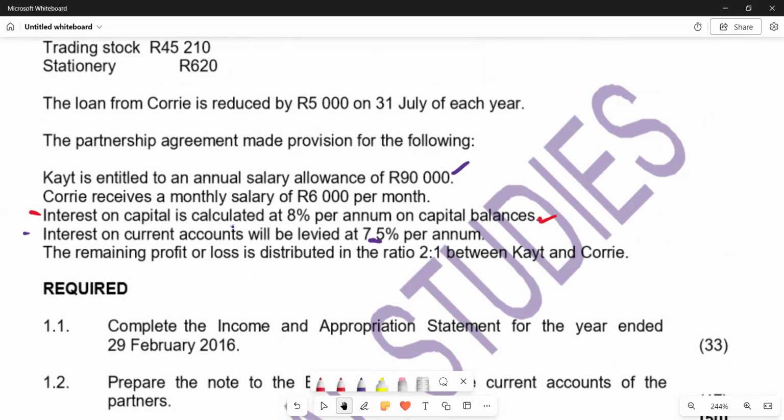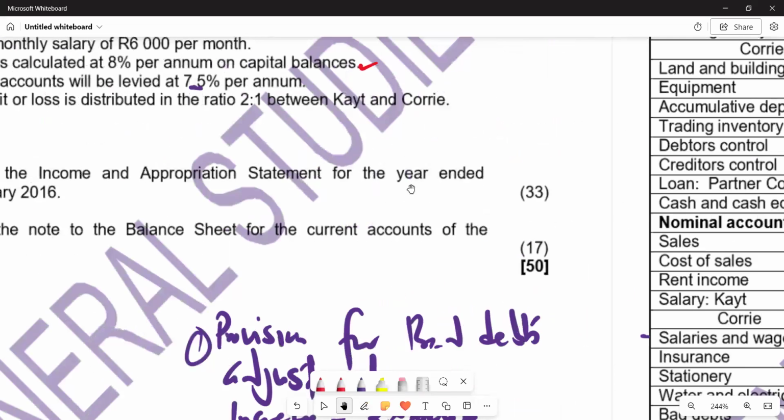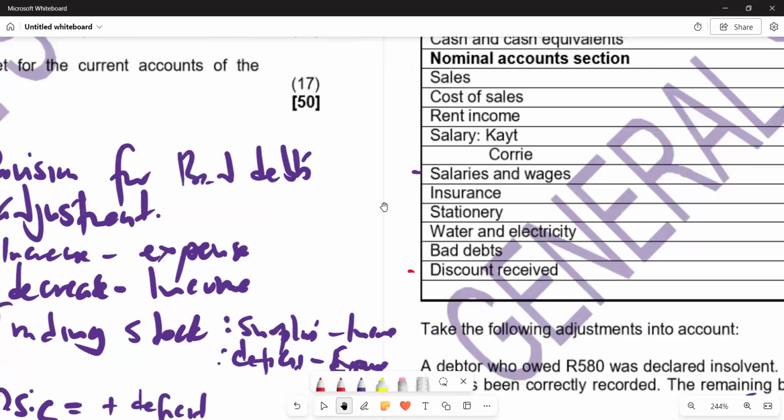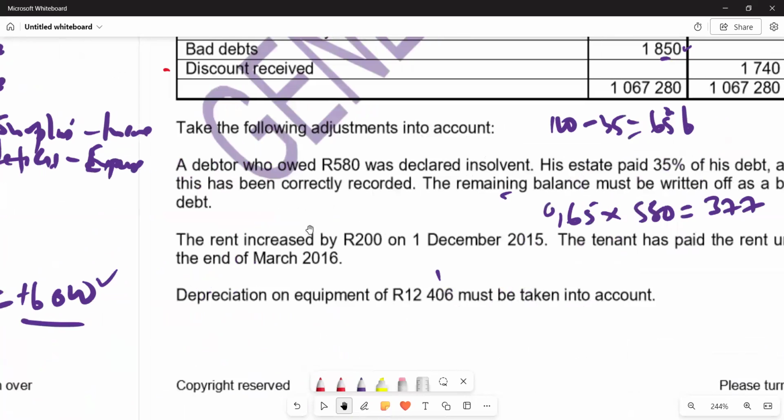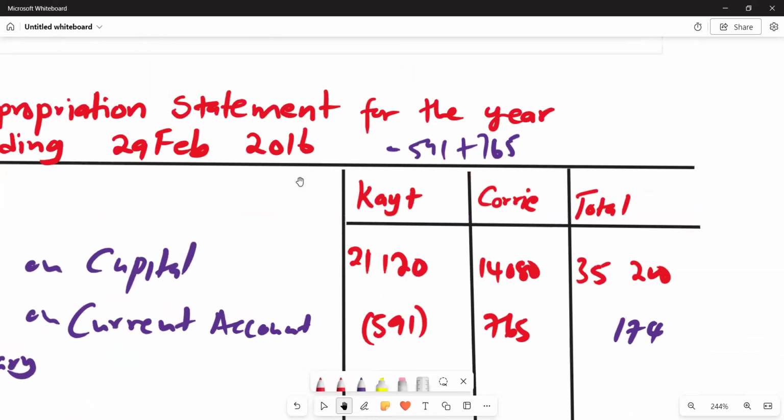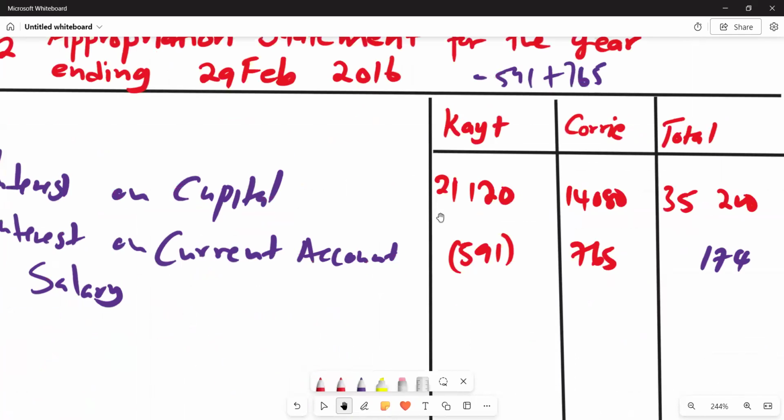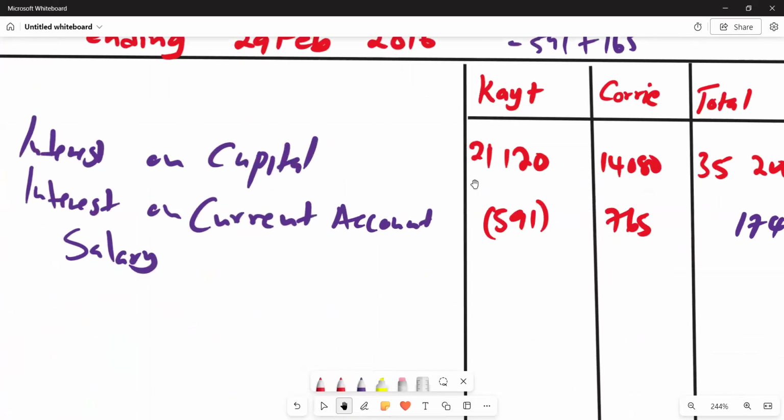This is the one that is going to come in the appropriation. For salary, we are only going to put it for Kate. So for Corey there's nothing, but for Kate we've got 90,000.